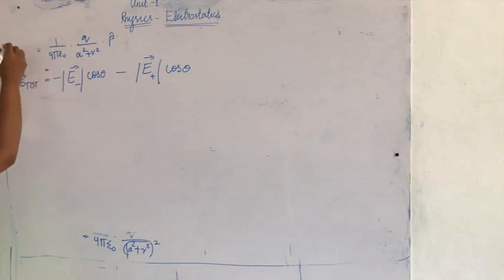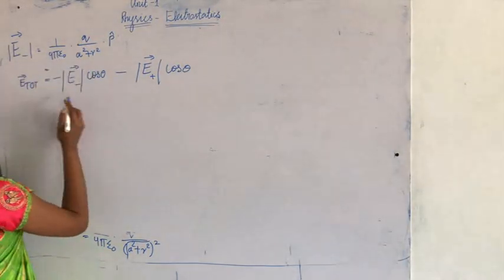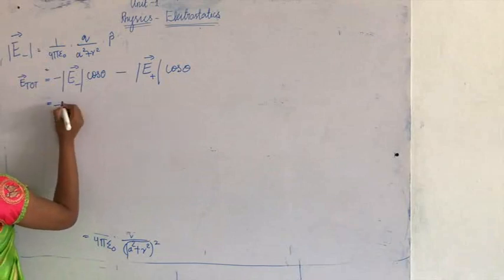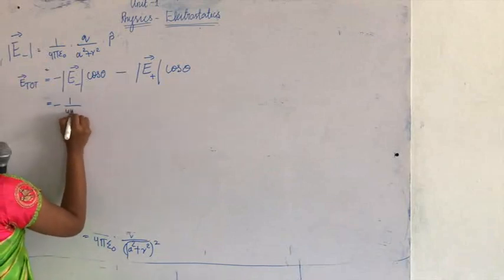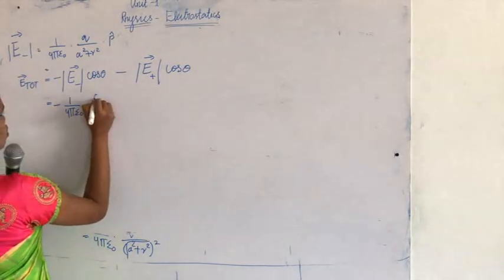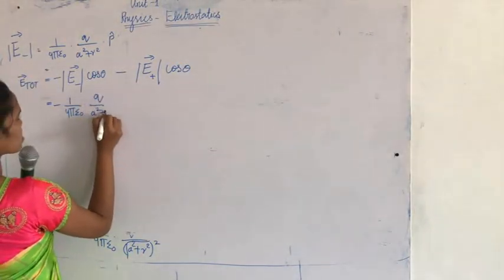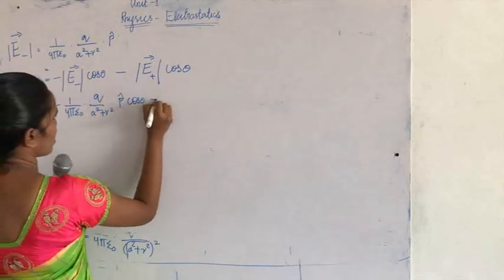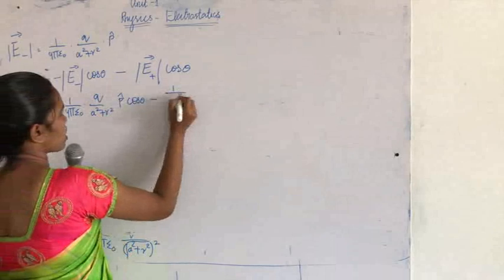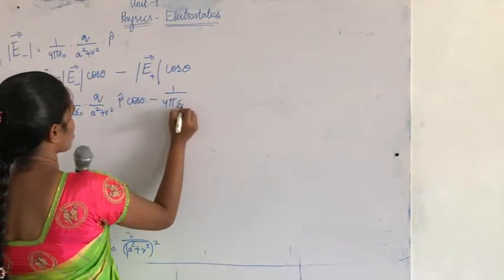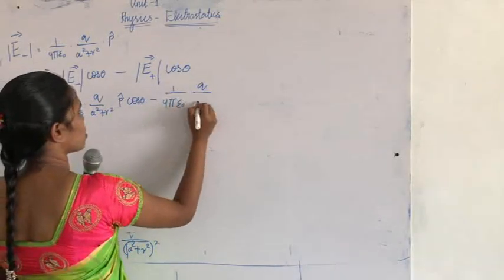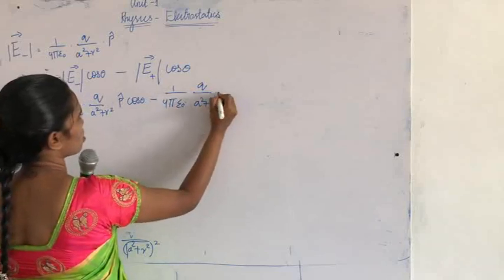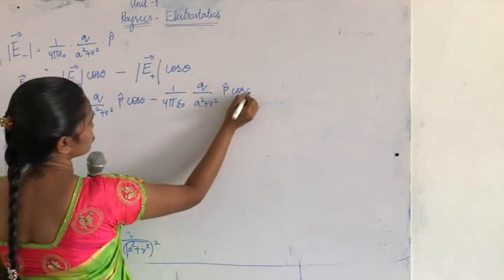This is not E total, this is E vector minus, and for E plus vector it is the same value. Now you substitute here 1 by 4 pi epsilon 0 Q by A square plus R square into P cap cos theta minus the same value 1 by 4 pi epsilon 0 Q by A square plus R square P cap cos theta.